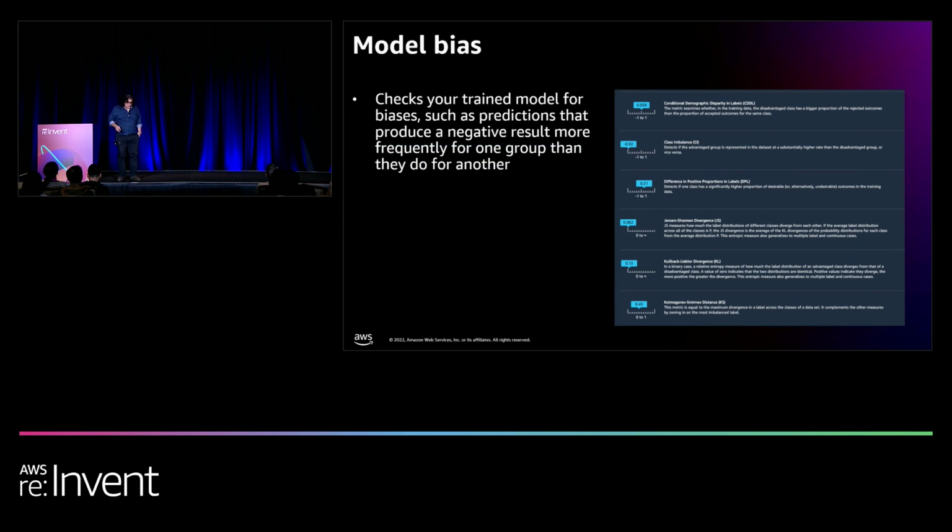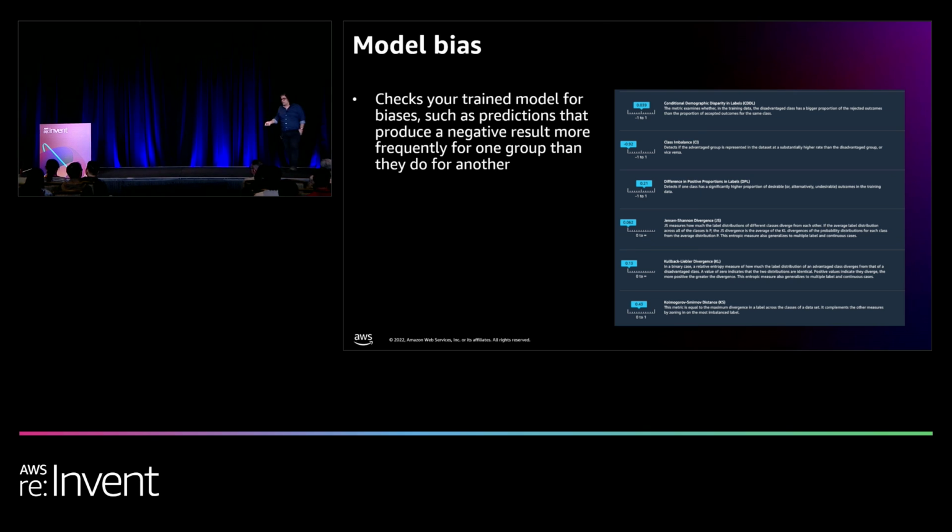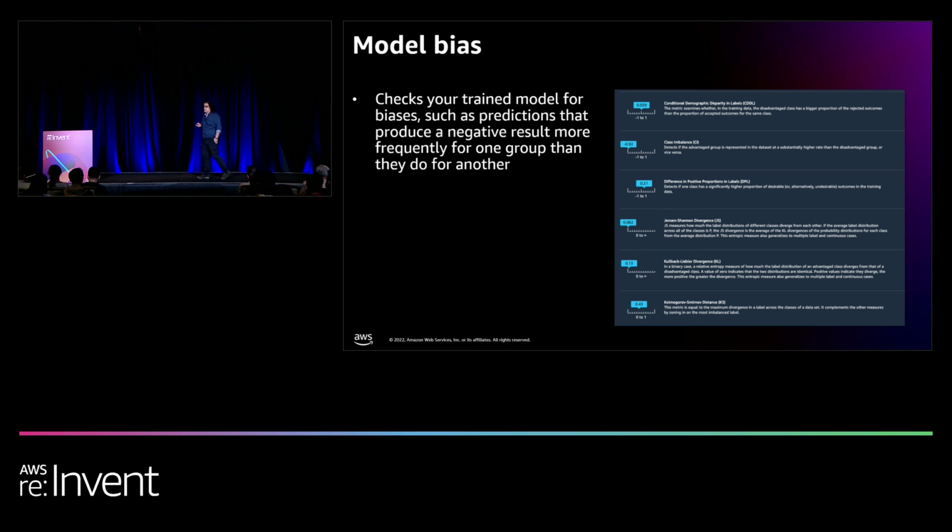So it does model bias. It checks your trained model. So let's say on a regular basis, you are going to reject job applications of people with some postal code that you don't like. How does that come to your model?